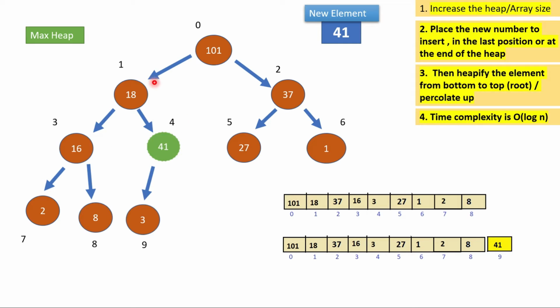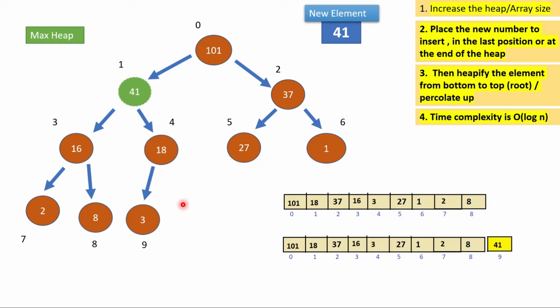It is also not maintaining the property of max heap. So we have to swap again. Now if you see here, 41 is less than 101 and 41 has nowhere to go anymore. That means the max heap property is now satisfied. Now it has become a max heap and all the properties are maintained.